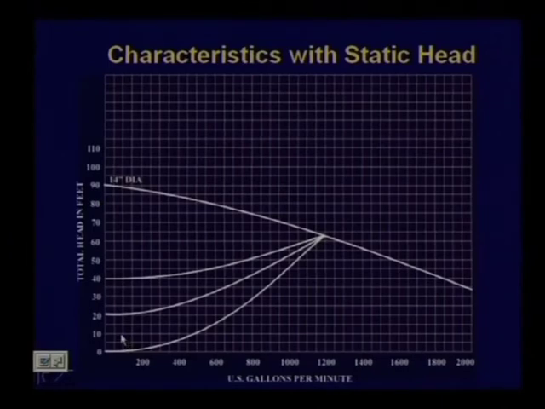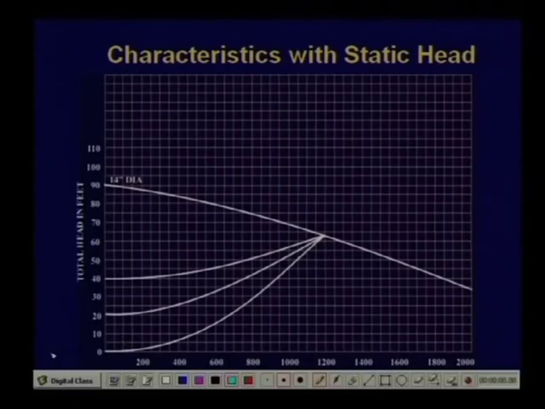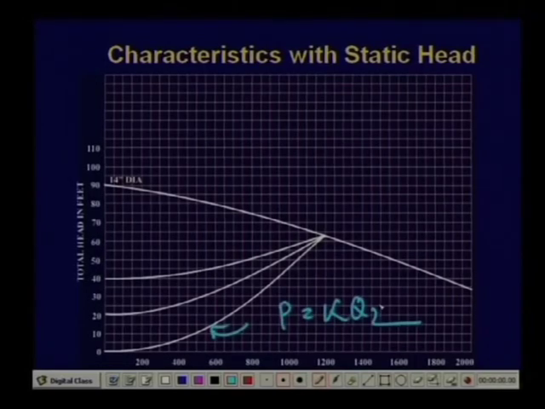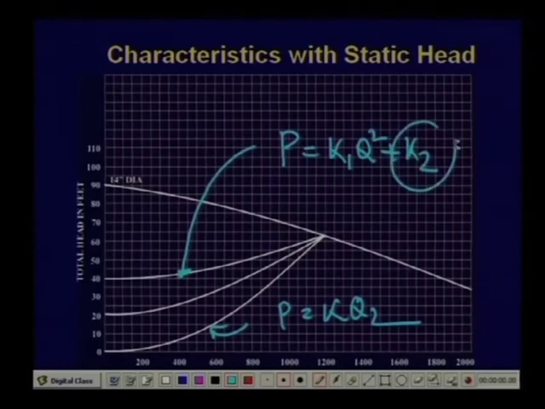The only thing is that in the case of the pump, pumps sometimes operate with a static head. This is one without static head, where P is equal to k q square type of characteristic, but a pump can also operate with a static head, where the characteristic is P equal to k1 q square plus k2. This k2 is the static pressure at the pump inlet.